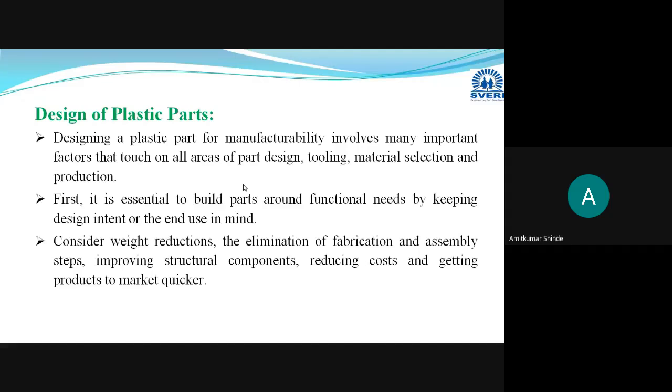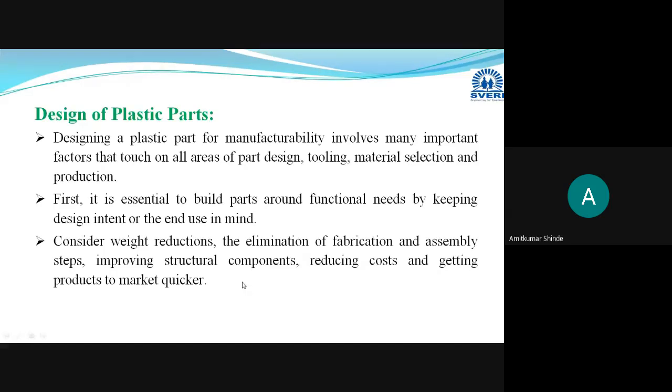I will summarize, or I will finish this session here only. In this session, we have discussed which broader points you have to take into consideration while designing any plastic parts, like which material you are going to select, which tools are required, then which manufacturing process or processing method you are going to use to give the desired shape and size to the raw material.